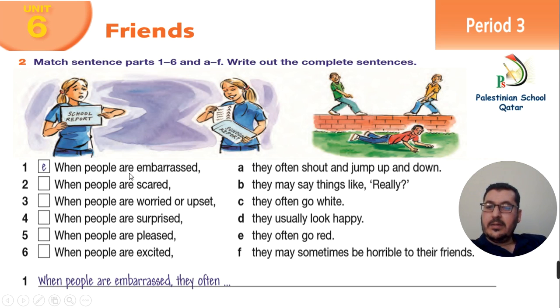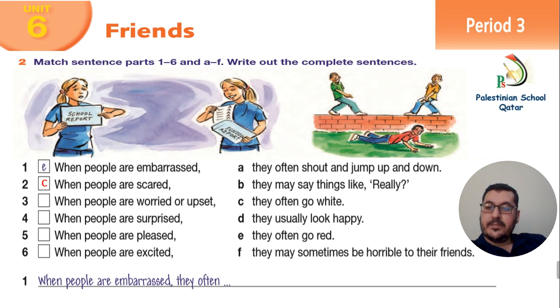When people are embarrassed, you need to match between this part and the second part. When people are embarrassed, what happens? E. They often go red. When people are scared, yes, they often go white.